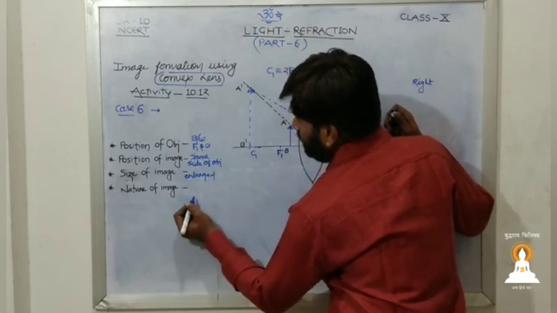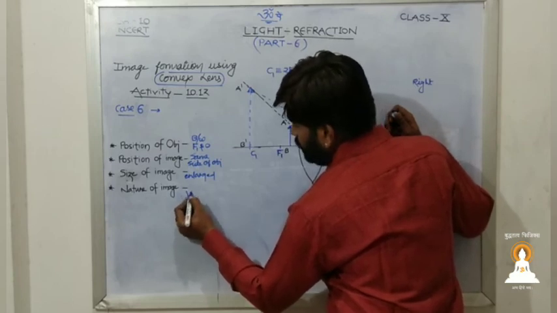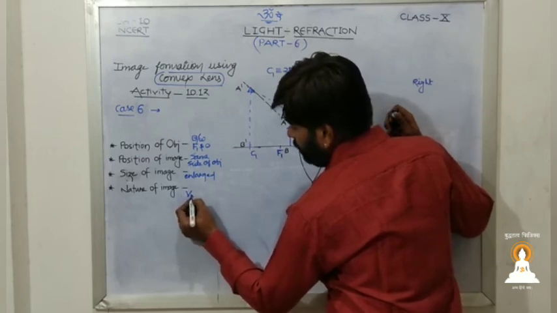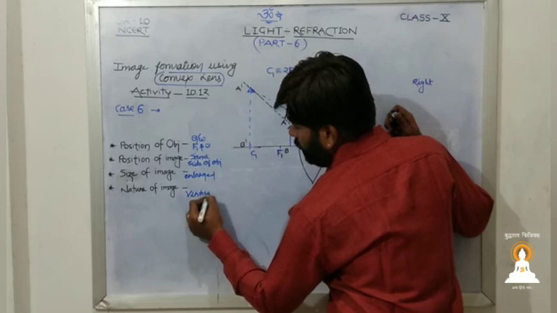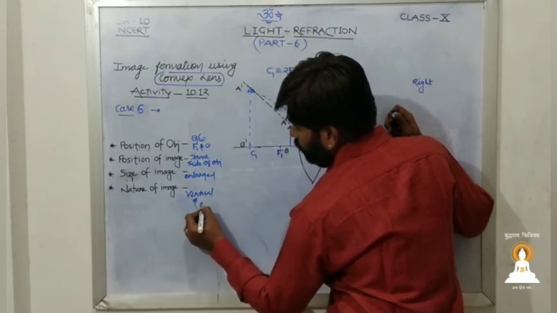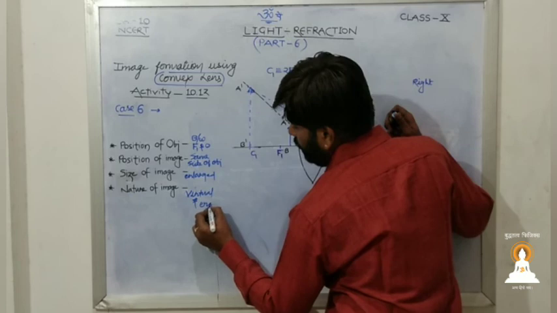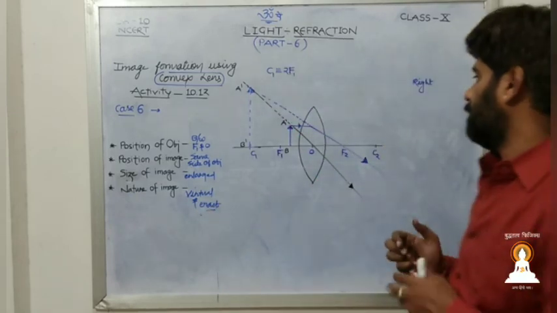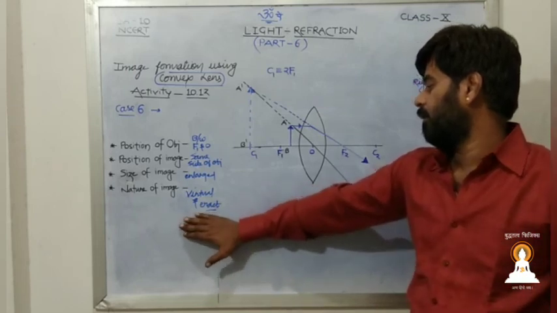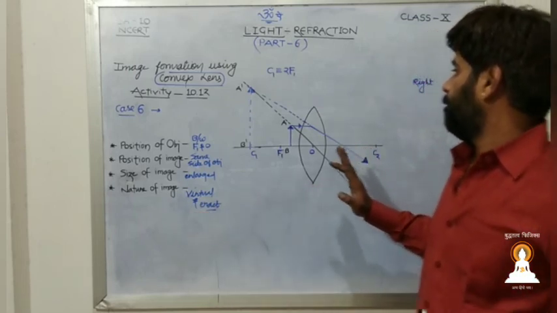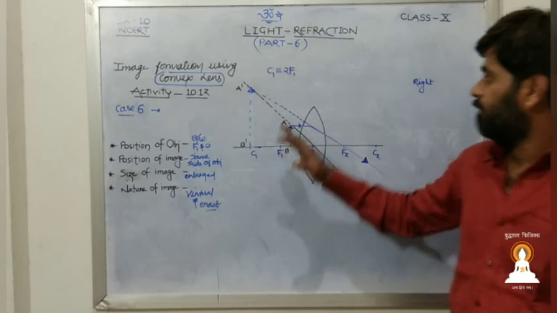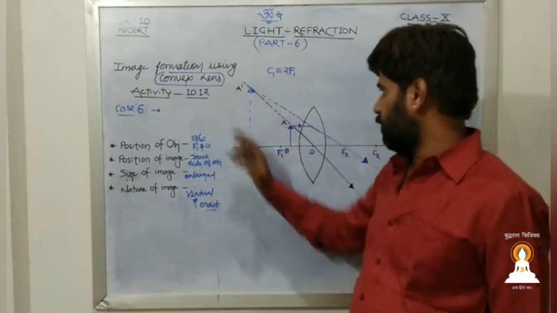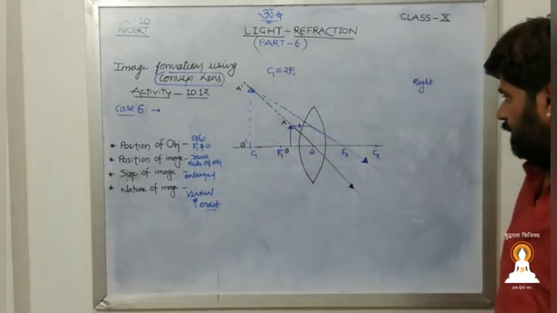And nature of the image will be what? Virtual. And those which are virtual will be erect. Virtual and erect. So these were all 6 cases of the convex lens which we have covered here.